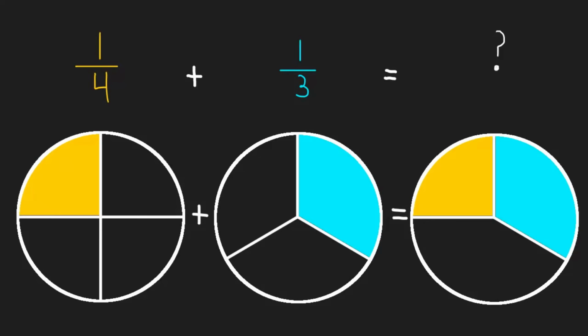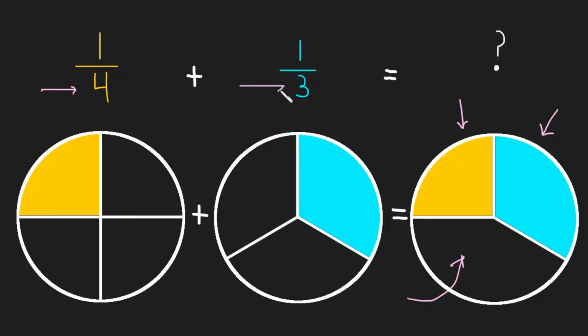Well, it turns out we can't write this as a fraction the way that it is, and that's because these pieces are not the same size. We have 3 different sized pieces, and so this cannot be represented as a fraction. Remember, one of the things that we stressed is that a fraction represents equally sized pieces. So for instance, 4 equally sized pieces.